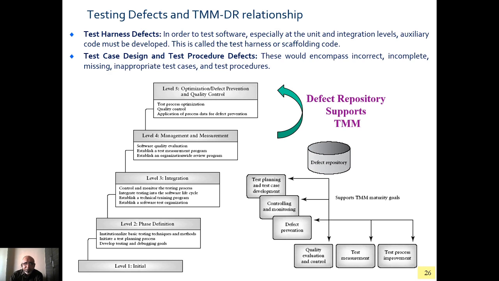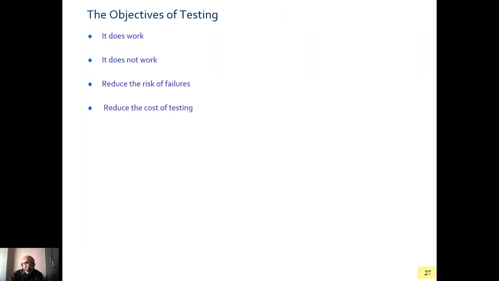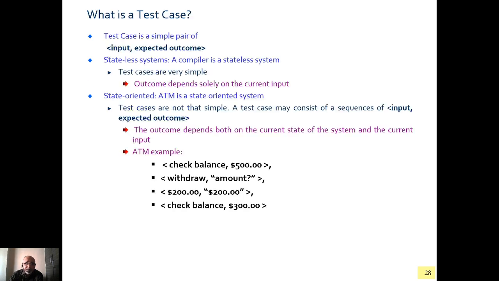If this doesn't work, the next one will work. This is the faith you can have. So, objectives: it does work, it does not work, reduce the risk of failures, reduce the cost of testing. Again to remind you, failure is the cumulative effect of faults plus errors.